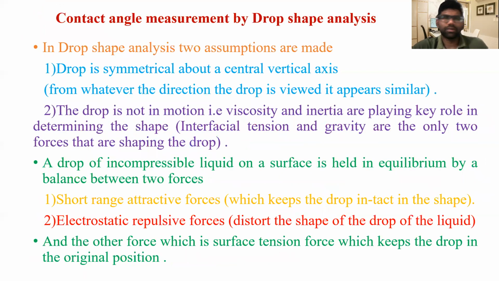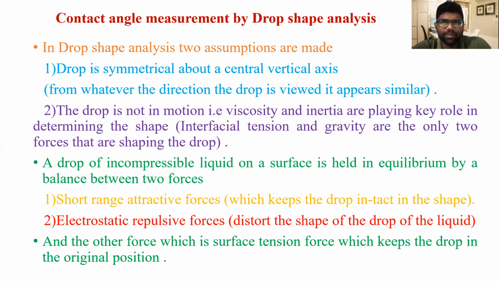Now, contact angle measurement by drop shape analysis. Here we are going to analyze the shape of the drop. For drop shape analysis, two assumptions are made. First, the drop is symmetrical about a central vertical axis.